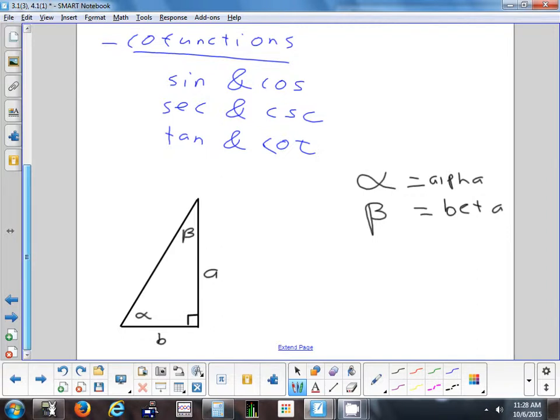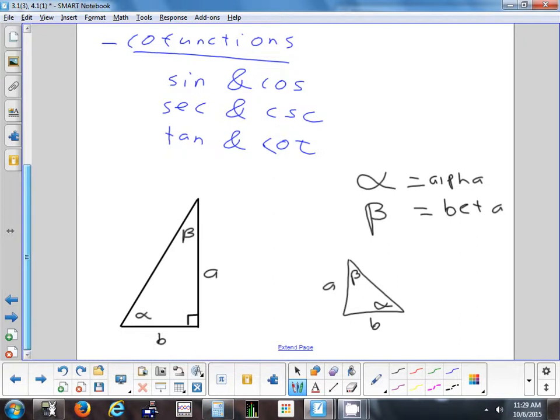One thing when we draw it, you always have to keep A opposite alpha. A is always opposite alpha. B is always opposite beta. If you want to have your triangle face a different way, that's fine. Just keep A always across from alpha and B always across from beta.